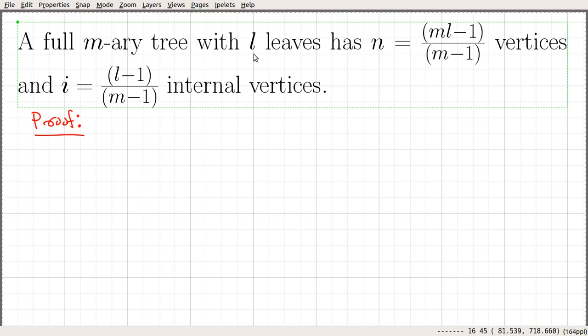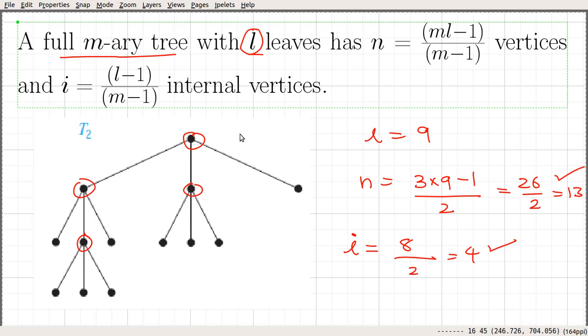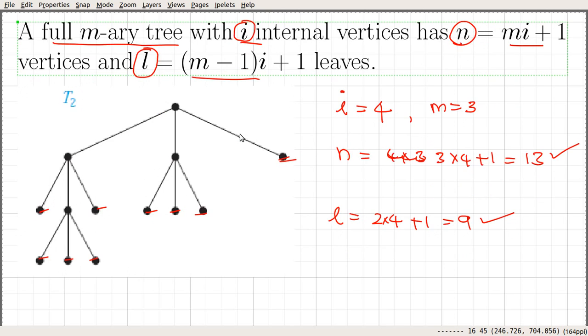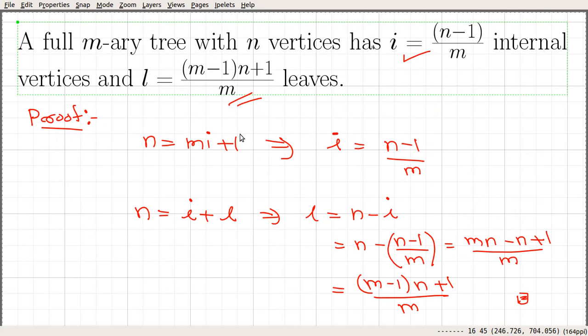Here we are given the number of leaves, and we want to find the total number of vertices and the total number of internal vertices. We have this relation: the total number of vertices is the total number of internal vertices plus the total number of leaves. From the previous result, we know this equation, I equal to (n minus 1) divided by m.